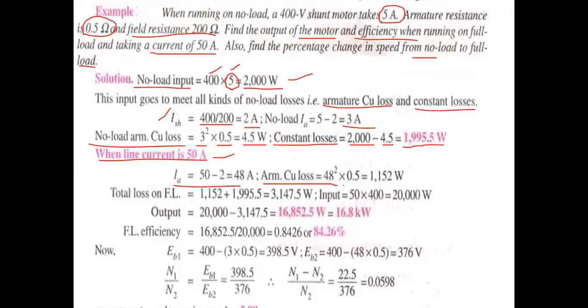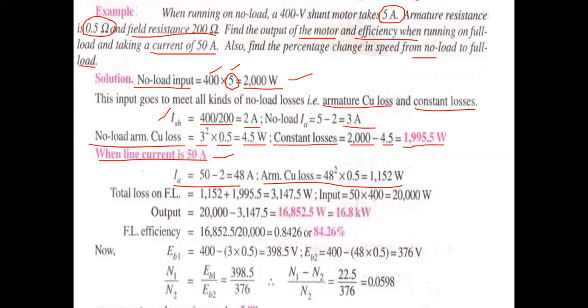Then armature copper losses for line current 50 amperes is given by the I square R formula: 48 square into 0.5, where 48 is the armature current for 50 amperes of line current and 0.5 is the armature resistance, which is equal to 1152 watts.